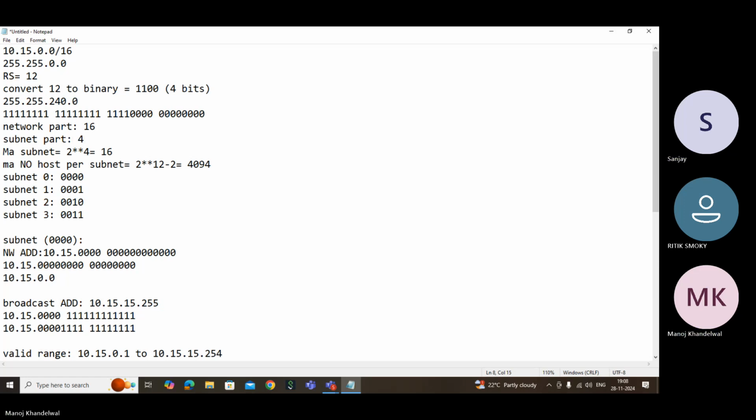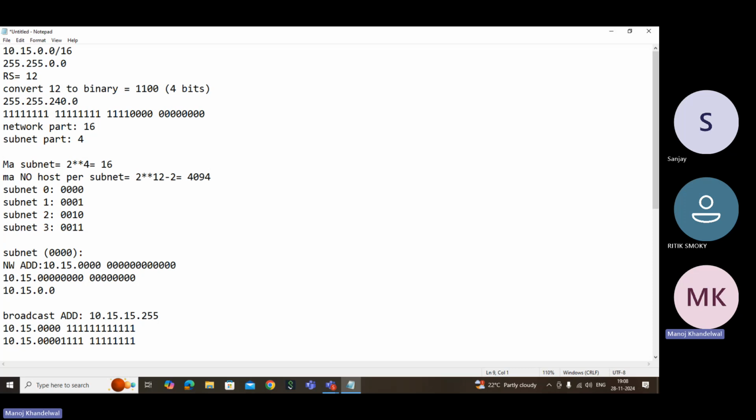And host part is 12. So you have to keep this in mind. If you see here, for example, this network address, this 16 bits is the network part, this 4 bits is the subnet part, and this 12 bits is the host part.